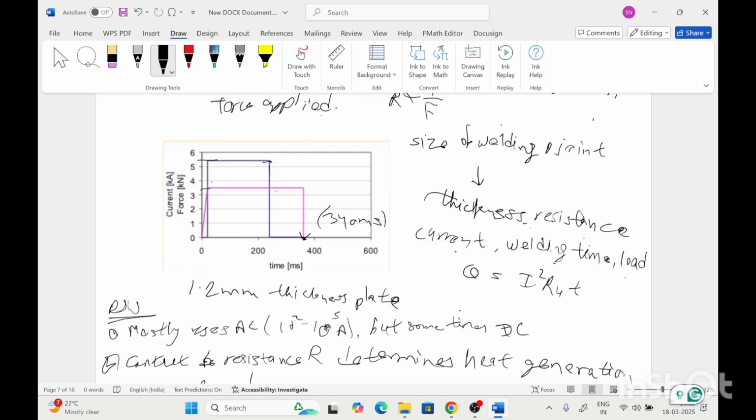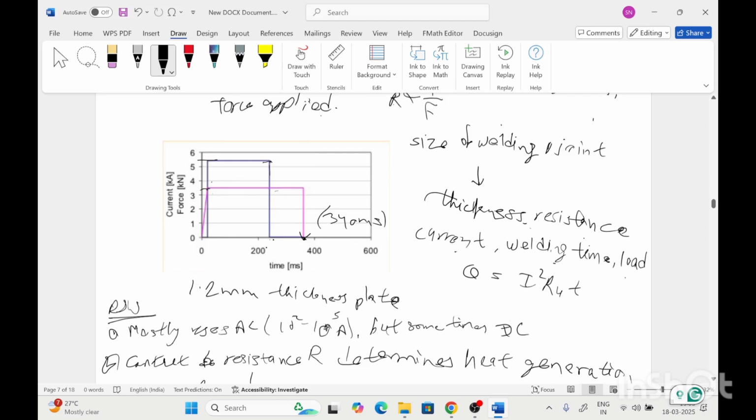For this case, a 5.5 kiloampere current is supplied between the electrode and working plates, and a force of 3.5 kilonewton is applied. After that the current is supplied for a working period up to 250 milliseconds.